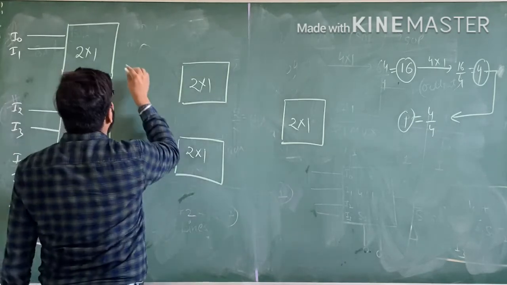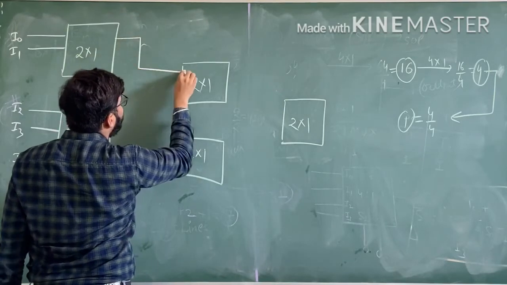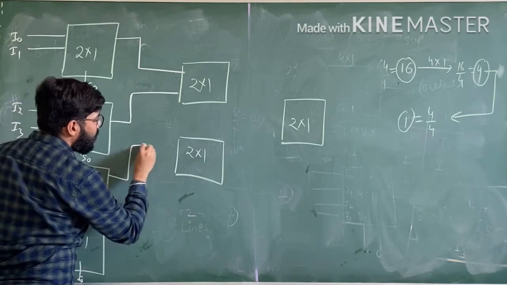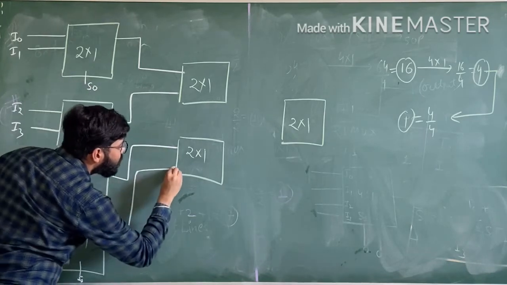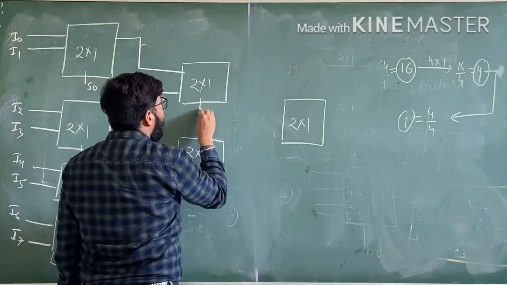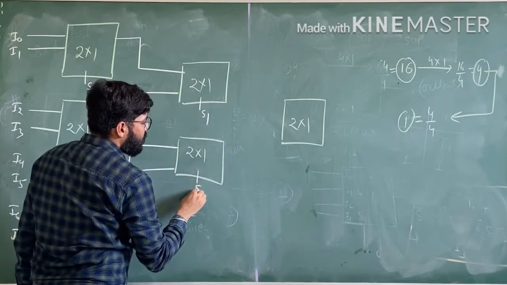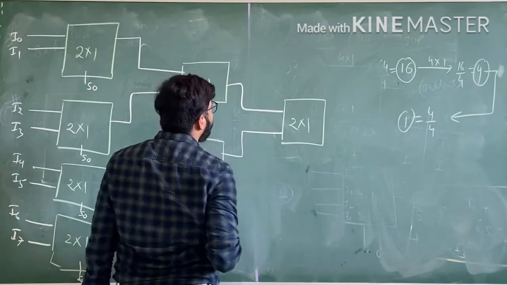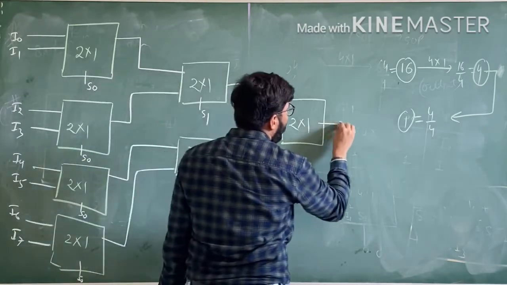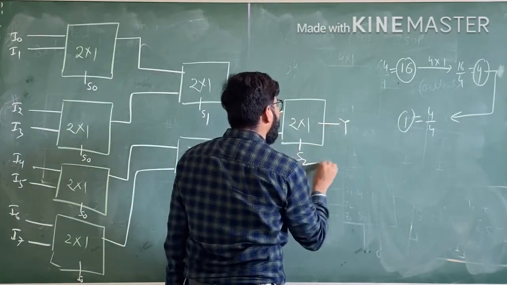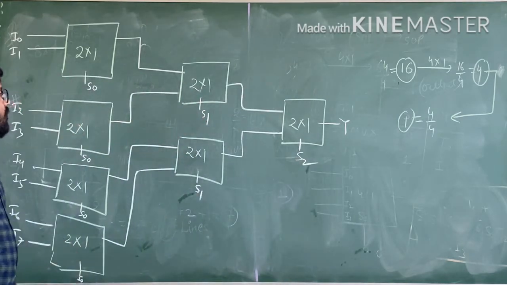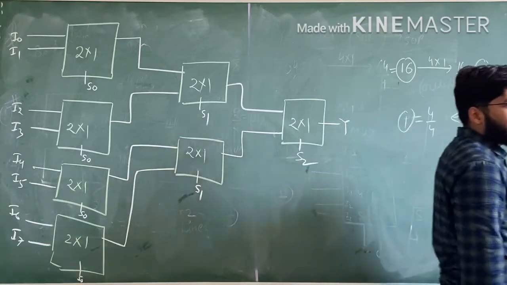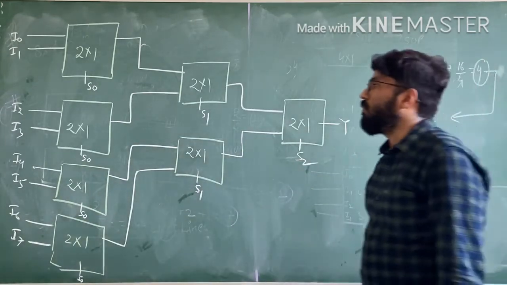We give this output to the second stage mux and this output to this mux. After that we have select line S1, S1, and put this output to the final mux and get an output Y with the help of select line S2. So this is the proper design of an 8 cross 1 mux with the help of 2 cross 1 mux.